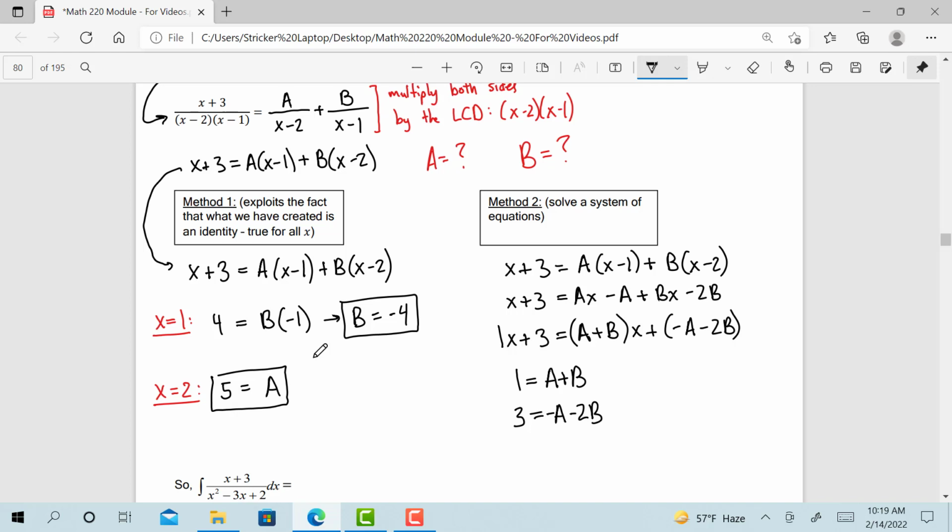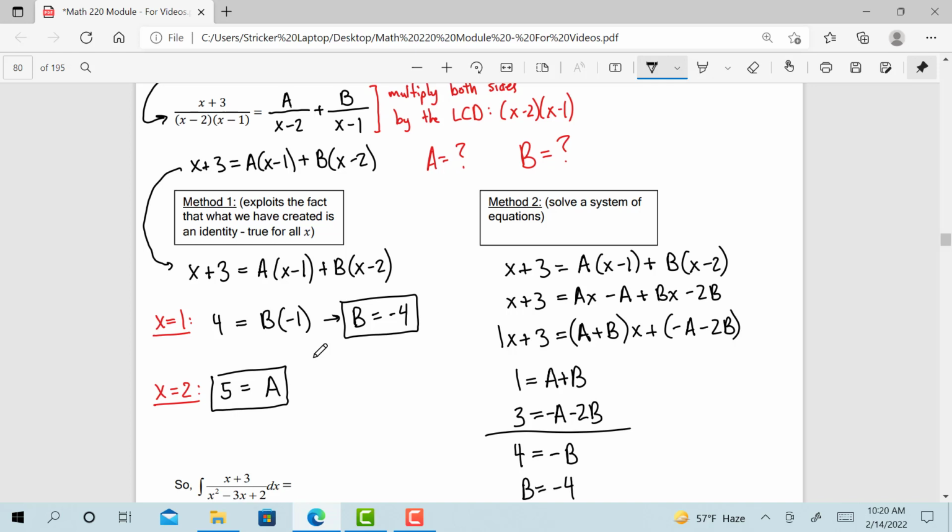And then you can just solve the system of equations, right? So I'm noticing right off the bat here, I have a positive a and a negative a. So if I use the elimination method and just add these two equations together, I get 1 plus 3 is 4. a minus a cancels, and then we have b minus 2b is negative b, which of course means b is negative 4.